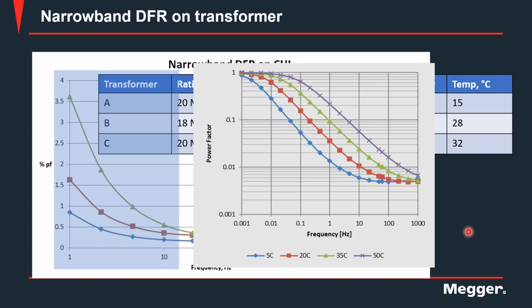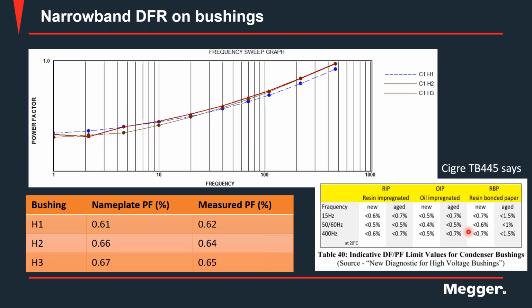So as the temperature increases, the curve tends to shift to the right. So the ideal way of trending DFR measurements is to try to take measurements at the same temperature so that you can eliminate the influence of temperature on the measurements, and you can get proper curves which can be superimposed on each other, and you can see the extent of the tip up in the lower frequencies.